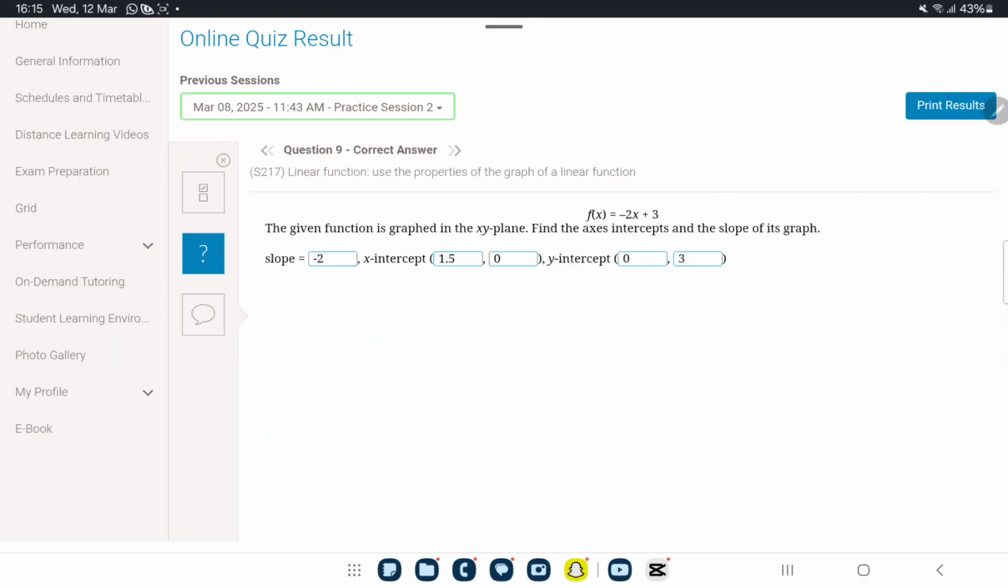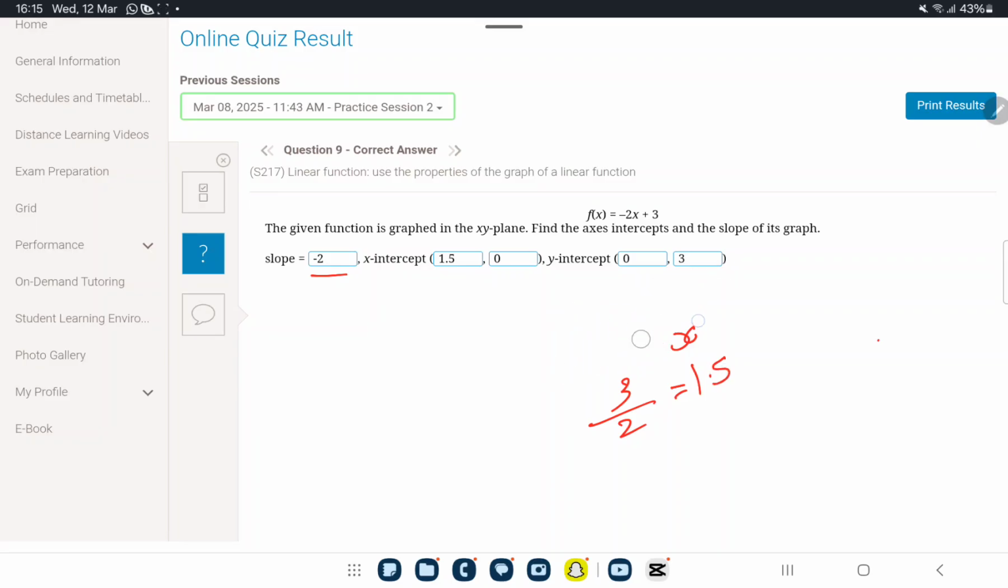In this question they're asking for the slope, x-intercept and y-intercept. The slope is whatever is beside x, so here, minus 2. X-intercept is when y is 0, so 0 equals minus 2x plus 3. Move 3 to the other side, minus 3 equals minus 2x. Divide by minus 2, minus cancels, and 3 over 2 is 1.5.